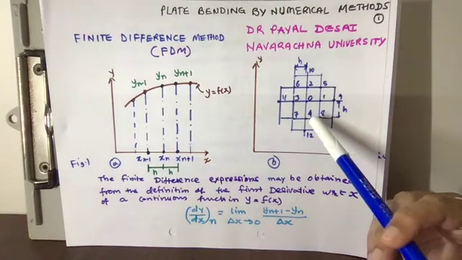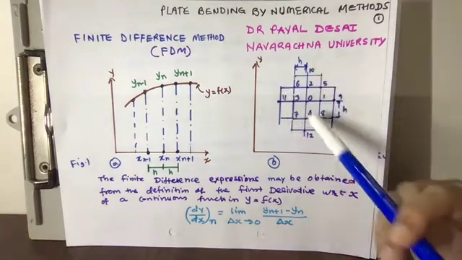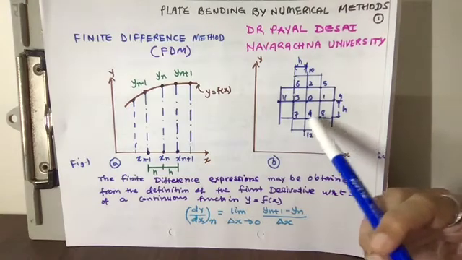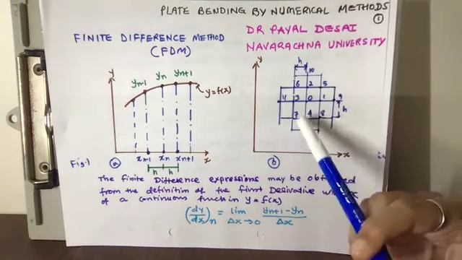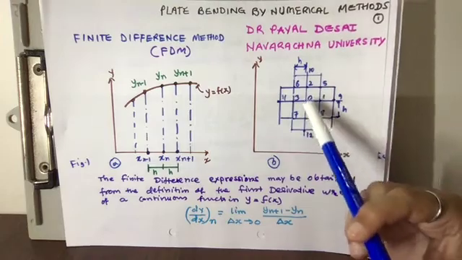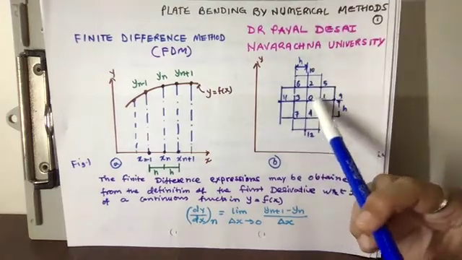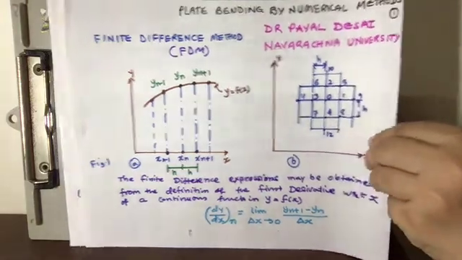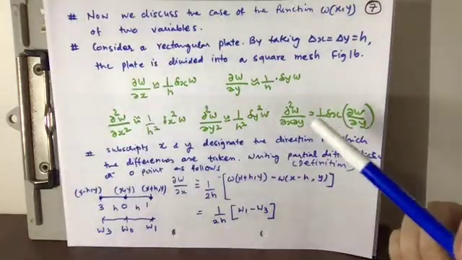So in the rectangular plate we can divide this and assume that these two grids are of the same size, that is a square. This grid is square, this is height h and this is height h.